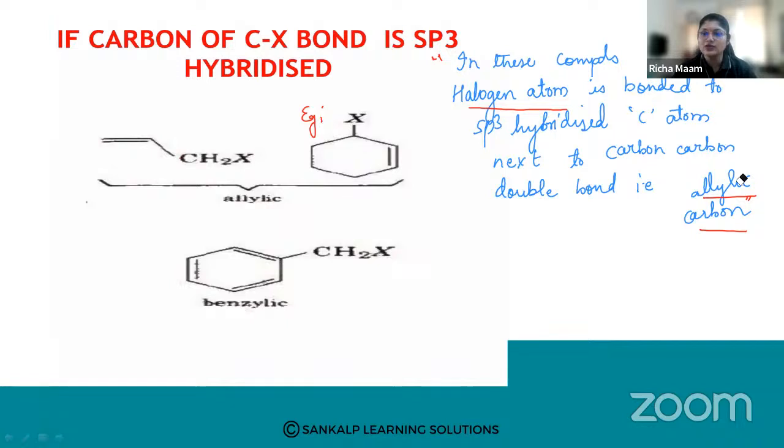How is it written? I'll write it again: CH2=CH-CH2X. So the halogen atom is attached to an sp3 hybridized carbon, which is next to a carbon-carbon double bond. So this is an allylic halide.